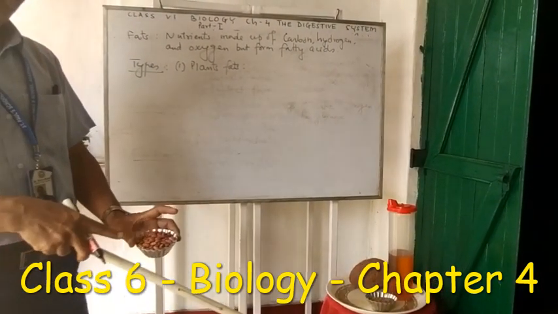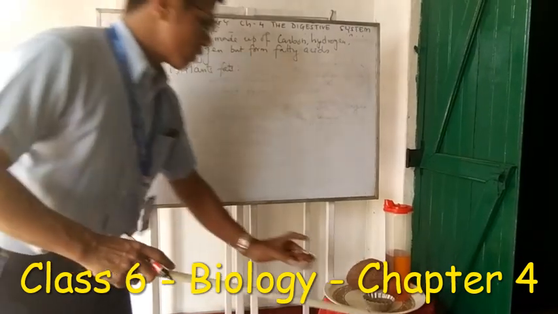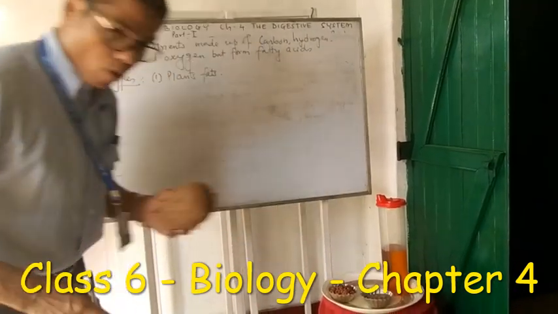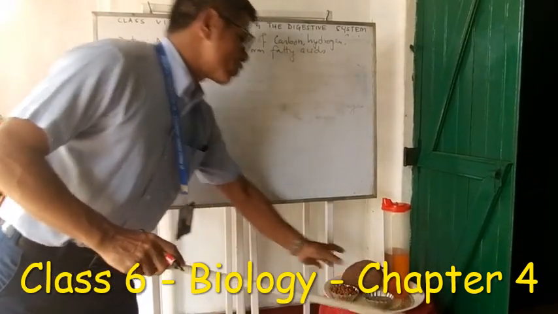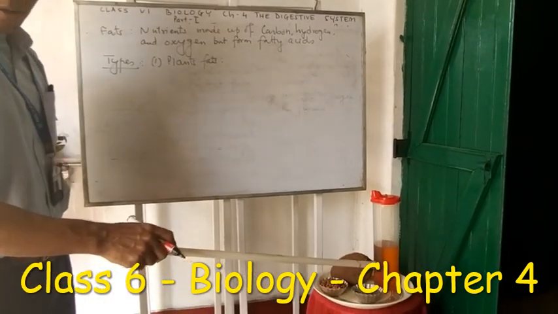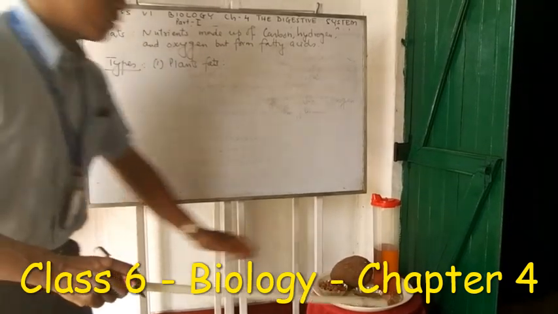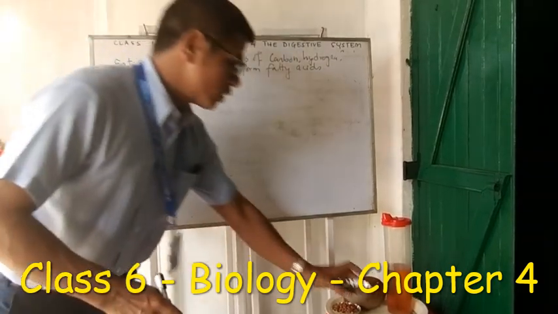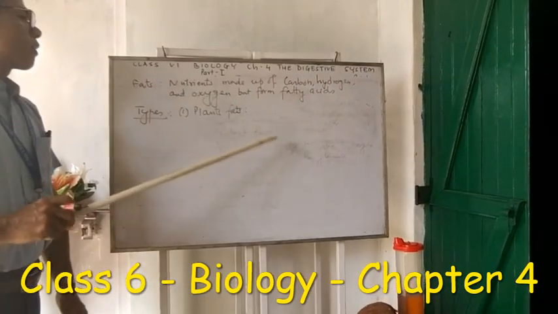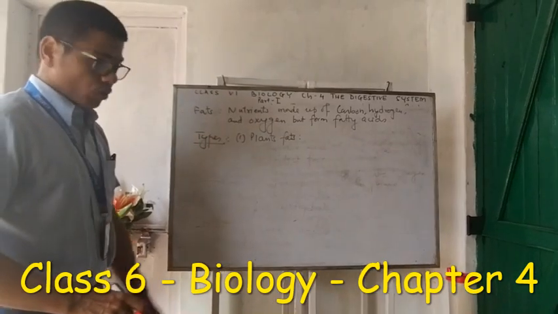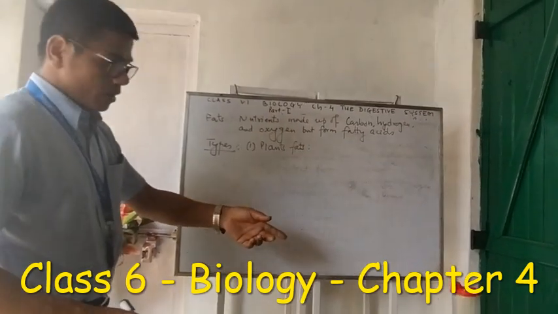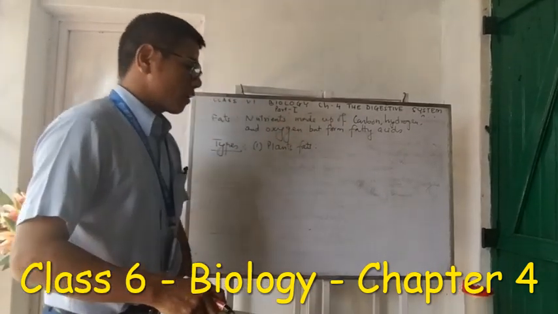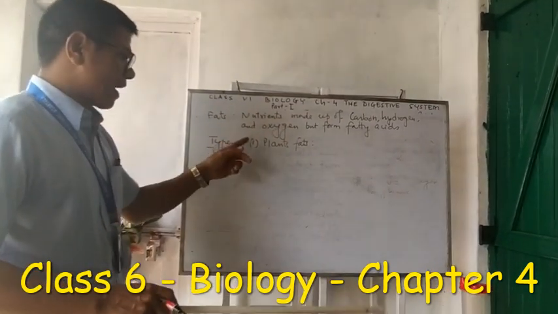We are familiar with peanuts, we call it badam, cashew nuts, groundnuts, coconut. Then mustard oil which your mommy uses, any oil. Then we have lentils. These are plant fats from plants. So these and more are there in your kitchen.